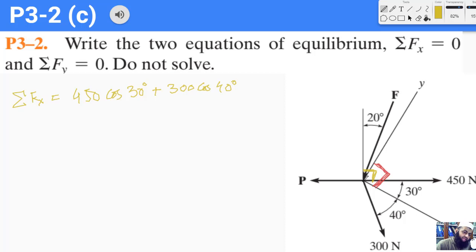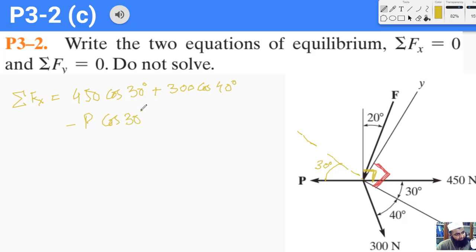Then we want to find the x component of this force P. So I can extrapolate the x-axis here, and this angle again is going to be 30 degrees, which means that the x component of P is going to be negative, in the opposite direction. So I say minus P cos of 30 degrees.